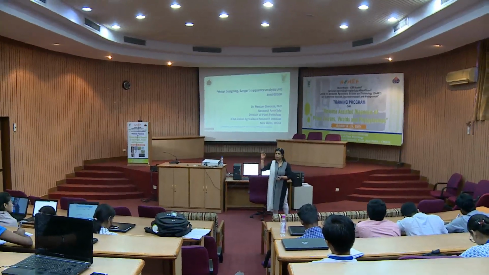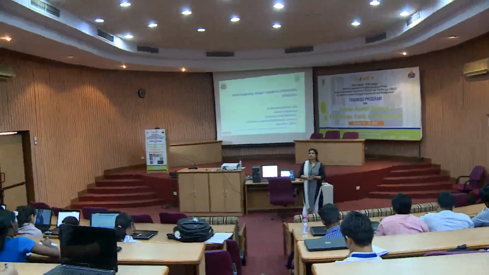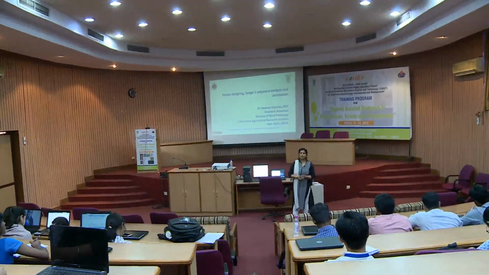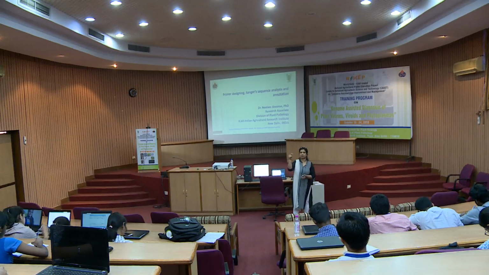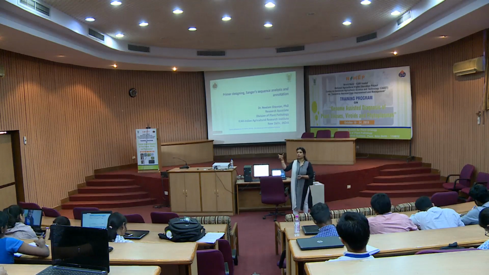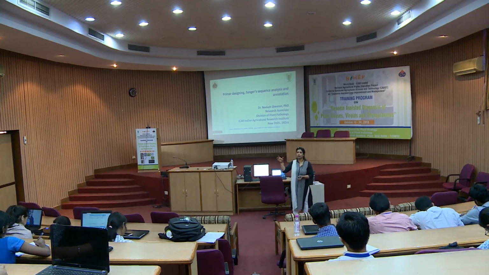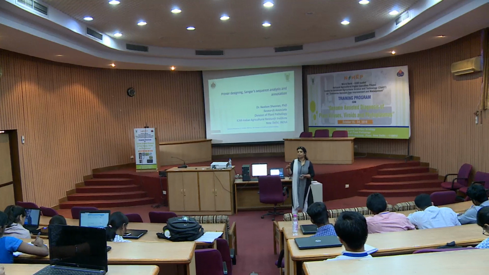So these are the 3 points. Then the fourth point is to avoid repeat regions or nucleotide repeats. Let us suppose some repeat is there, a stretch of T nucleotides or C nucleotides or A nucleotides, you avoid that region.